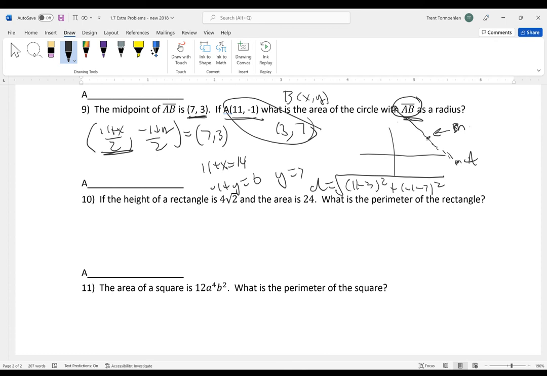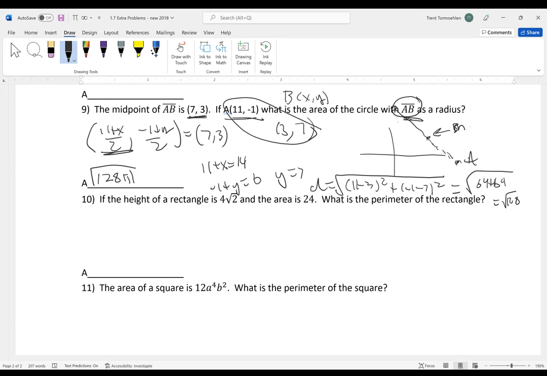So that turns out to give us the square root of 64 plus 64, which equals 128. And so the radius is the square root of 128. To find the area, you're just going to do the square root of 128 squared, and so it's just 128. And so the radius is the square root of 128, so the area is 128 pi. Because when you square the square root of 128, you just get 128.